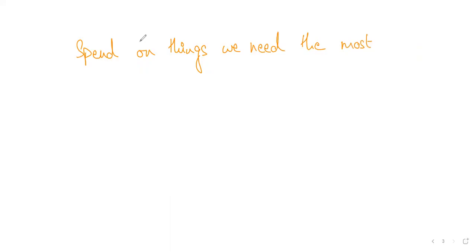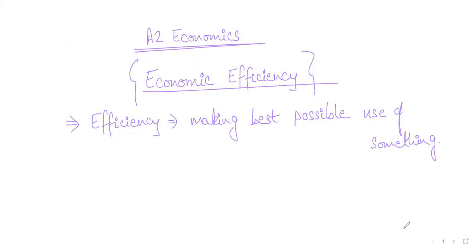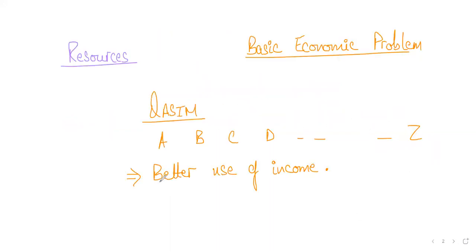Right. Okay. Now moving on, have a look at this. Let's try to come up with a definition for economic efficiency. So we already know efficiency means making best possible use of something, right? And when we talk about economic efficiency, in economics, the most important thing that we're concerned about is resources.